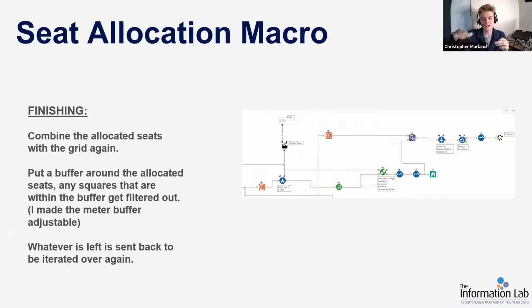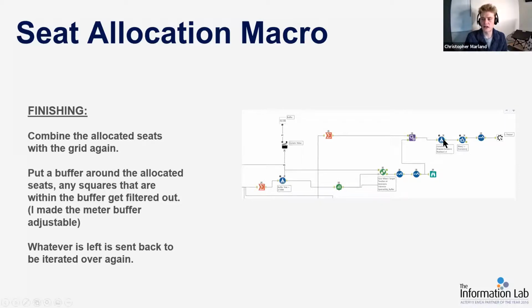The unmatched then carry on. And what happens is we then send that back to be iterated over again. So when it goes through with the iteration, any seats allocated are taken away, and any seats within a 2 meter distance of those seats allocated are also taken away, so they cannot be allocated to anybody else.